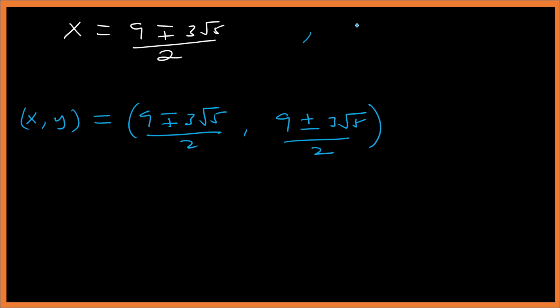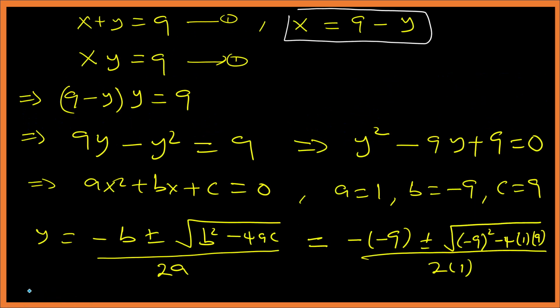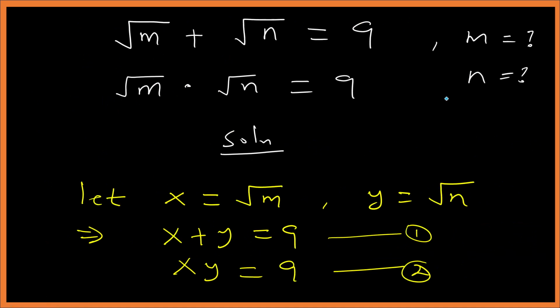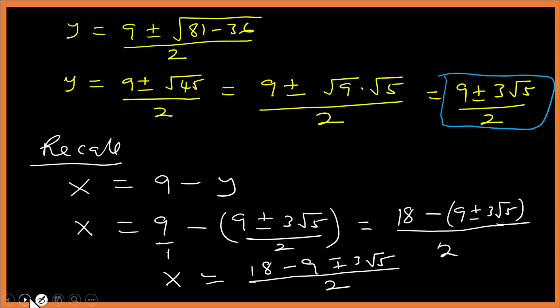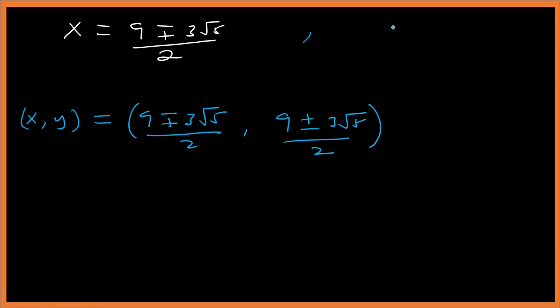But remember, we said the square root of M is X, then that of N is Y. So now that we know the values of X and Y, let's find that of M.